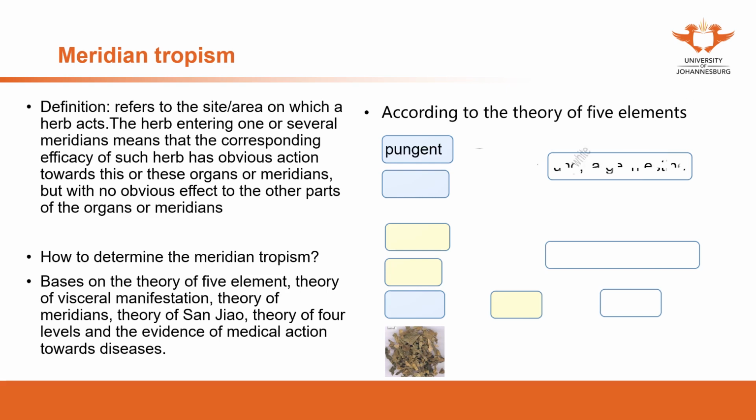For example, according to the theory of 5 elements, pungent and white are metal. White is related to the metal. So the herbs with a pungent flavor are more likely to go to the lung and large intestine, the lung organ or the lung meridian, the large intestine organ or the large intestine meridian.